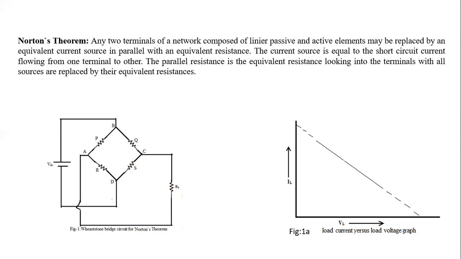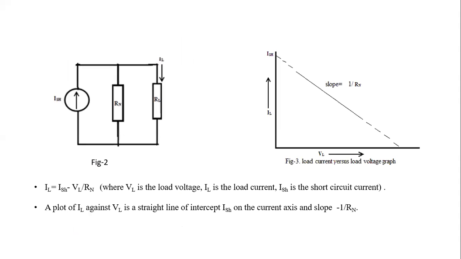So we have already got RN, the equivalent resistance of the circuit. Now we have to measure the short circuit current, that is ISH. Now that we have ISH and RN, we can draw this circuit, where ISH and RN will be in parallel.